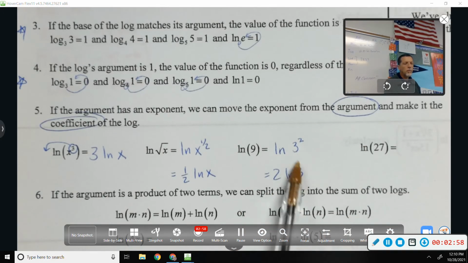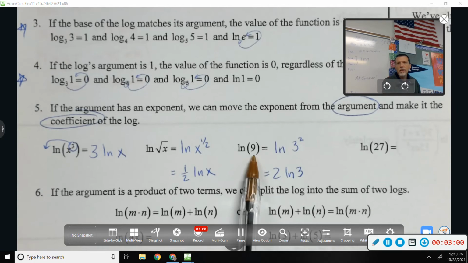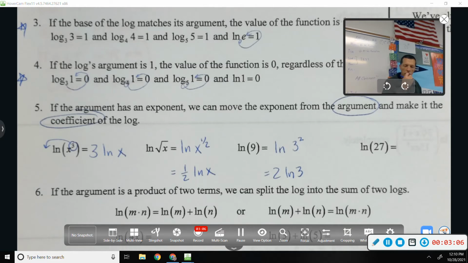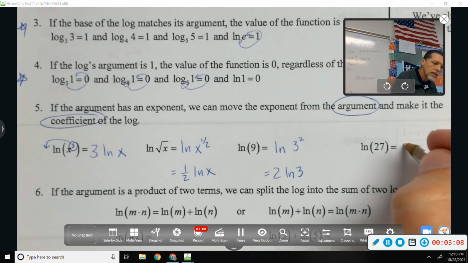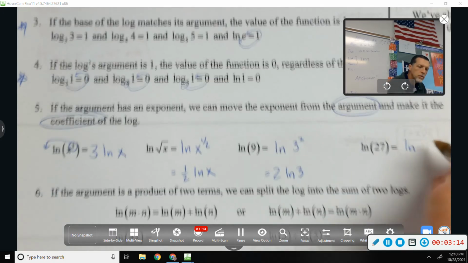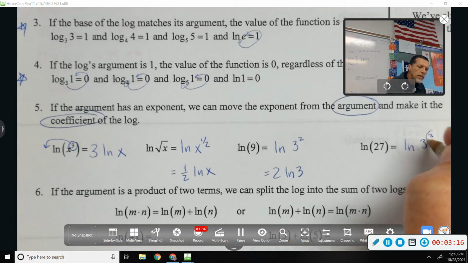Now, that we probably wouldn't do as often because there's really nothing wrong with natural log of 9. The others are probably more important because they simplify the equation or the expression. How could I rewrite 27 with a power? 3 cubed. And so then that exponent 3 can come down front. 3 natural log 3.